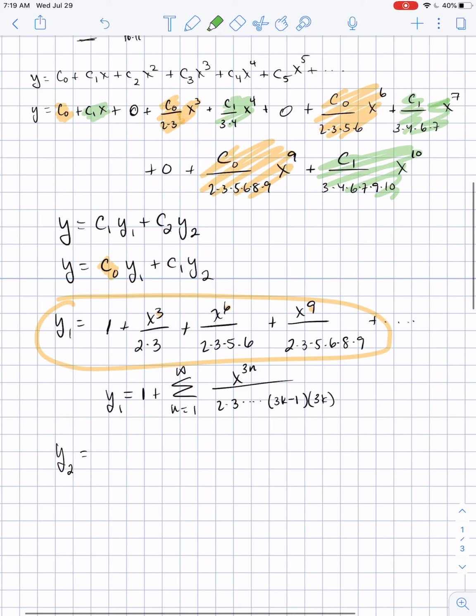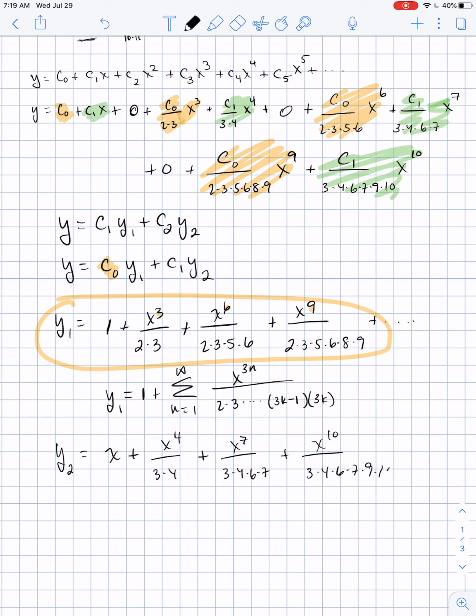So if I factor out that C sub 1, I'll just have x plus x to the 4th over 3 times 4 plus x to the 7th over 3 times 4 times 6 times 7 plus x to the 10th, and then the same thing, 3 times 4 times 6 times 7 times 9 times 10.